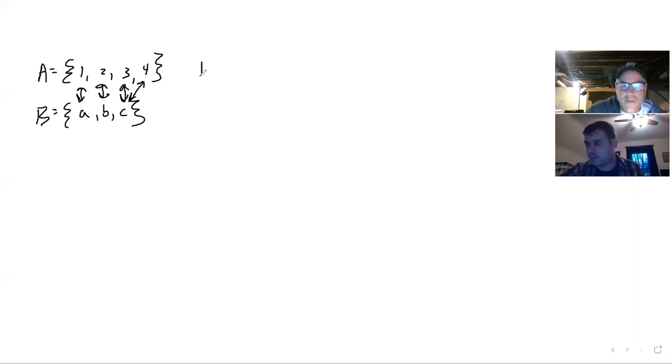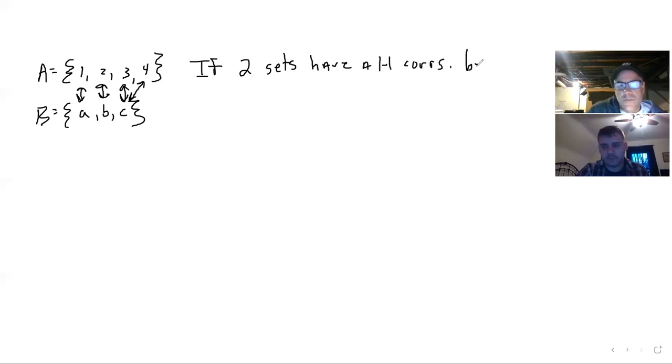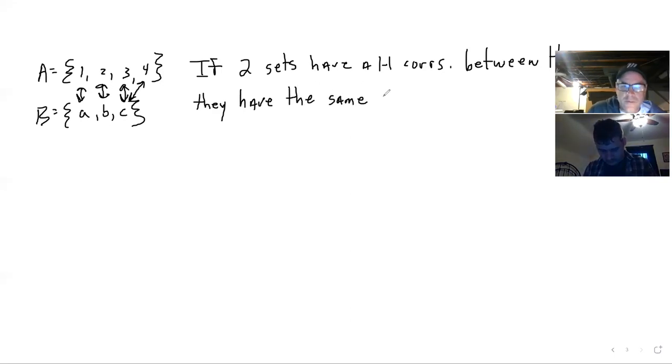So if 2 sets have a one-to-one correspondence between them, they have the same cardinality.